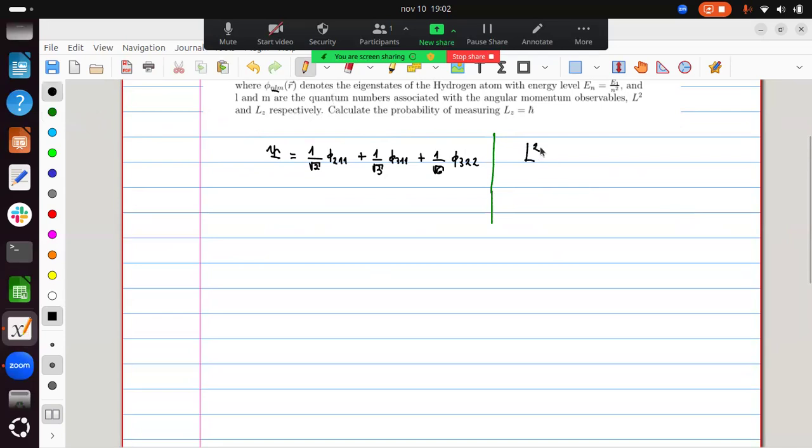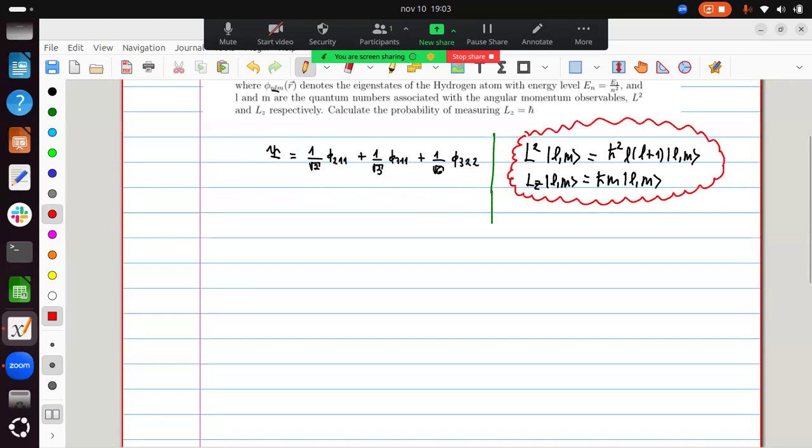One is: L squared with the ket L, M is equal to h bar squared L times L plus 1 with the ket L and M. Another possibility is that the z angular momentum with the ket L and M is just h bar M with the ket L comma M. So we need to achieve this consideration that Lz is equal to h bar.